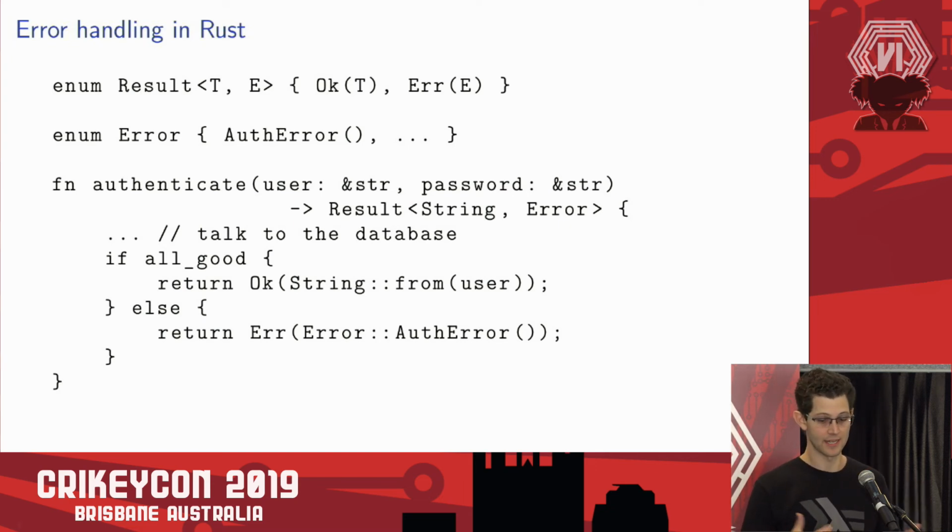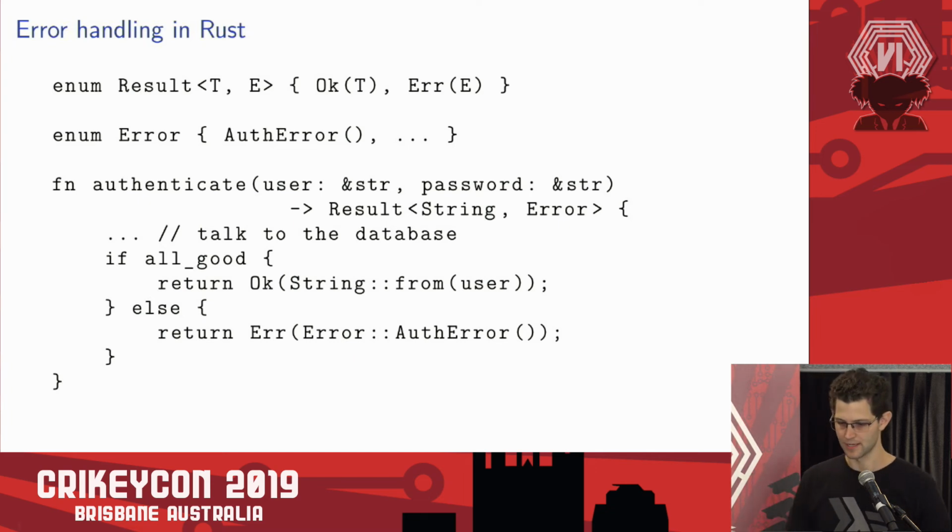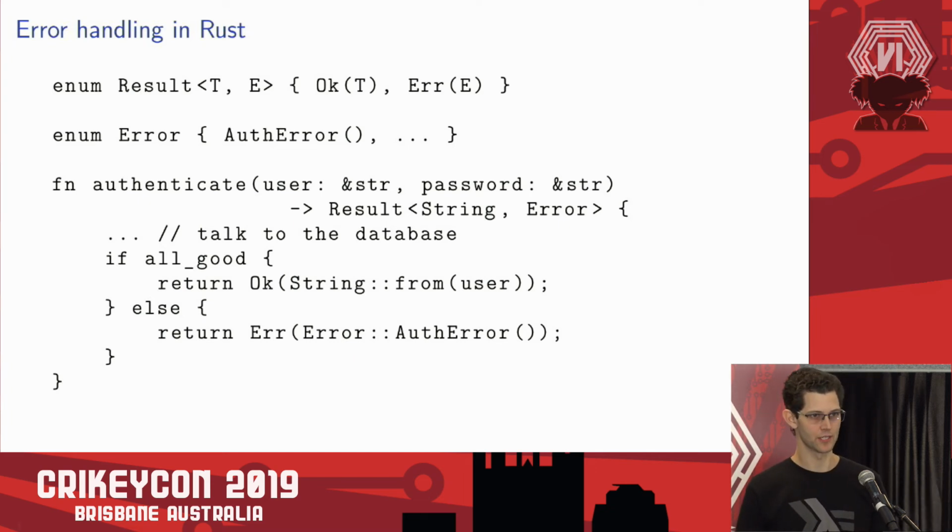If the authentication fails, then we'll return the error case with an auth error. And Rust ensures that the calling code handles both of these cases. So it's not possible to ignore the error case. Or it is possible, but you have to explicitly do it, which would not make much sense. So it's not possible to make this an oversight.